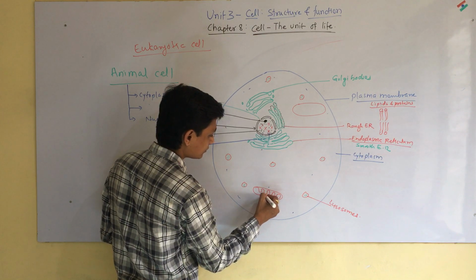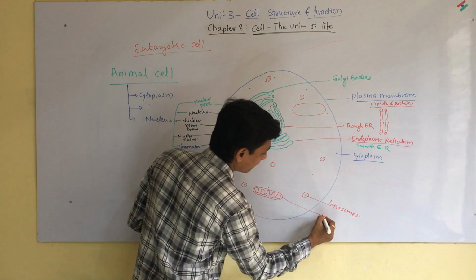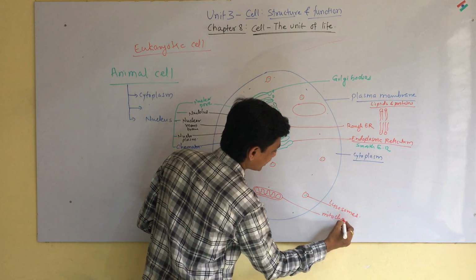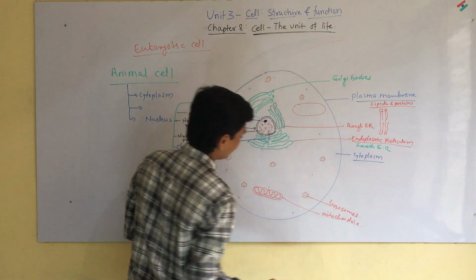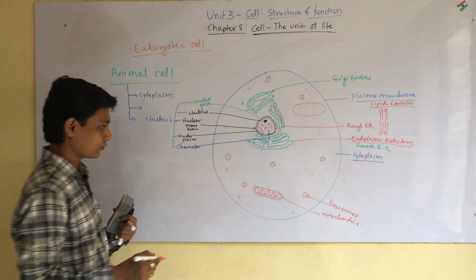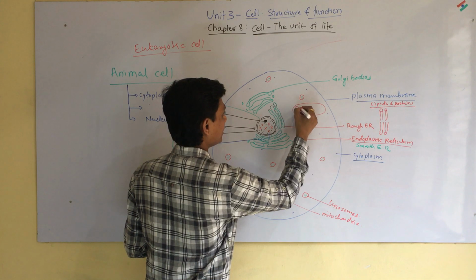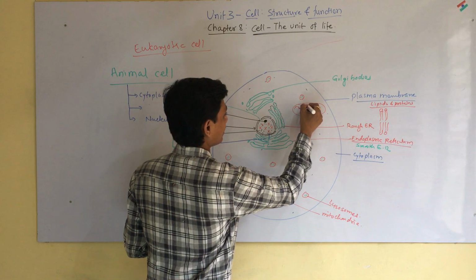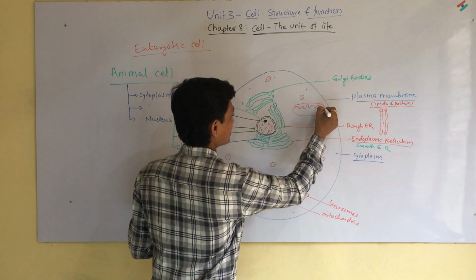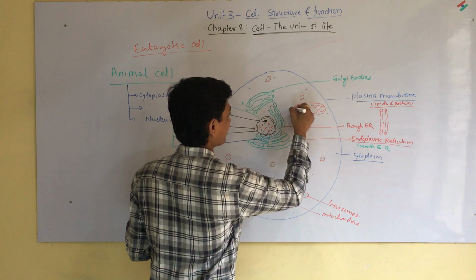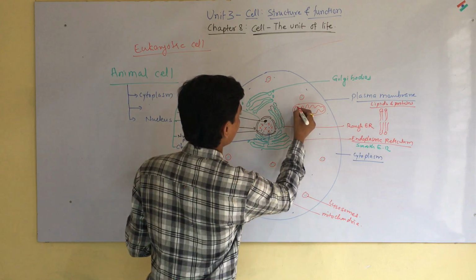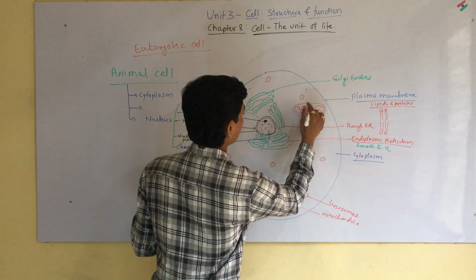So this structure is known as mitochondria, or it is also known as powerhouse of cell. Same, it is also numerous in number in one cell, and the outer surface is smooth while the inner surface is somewhat rough.